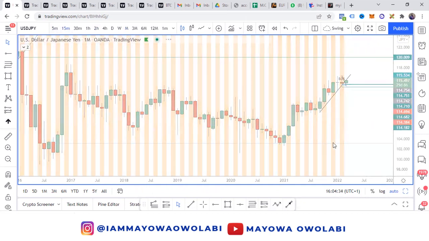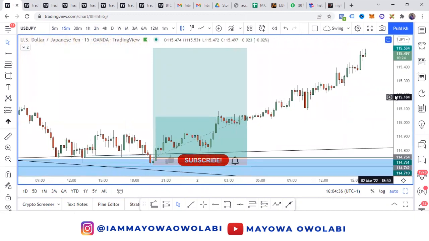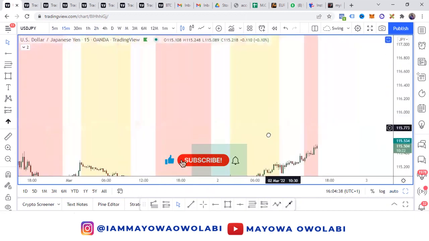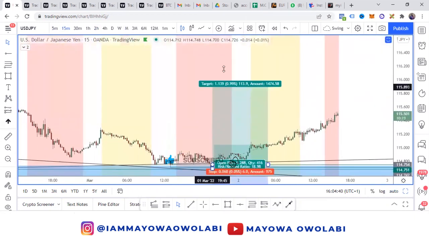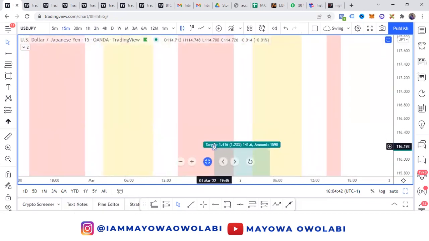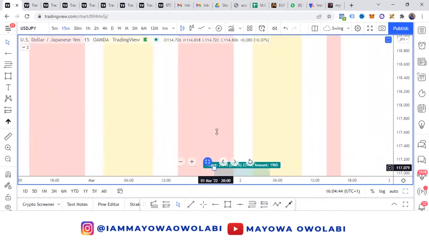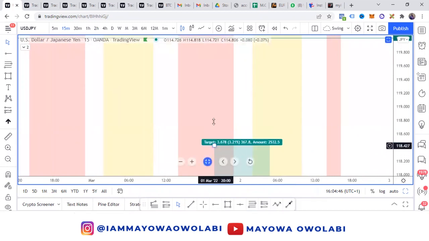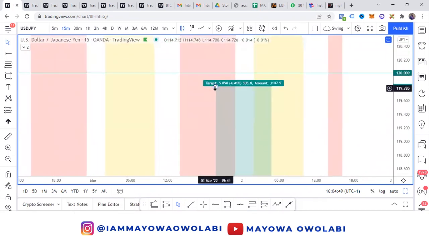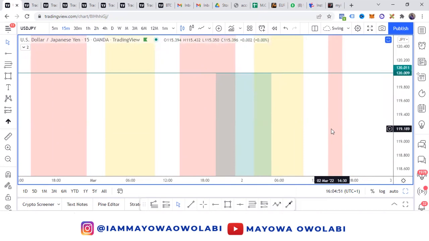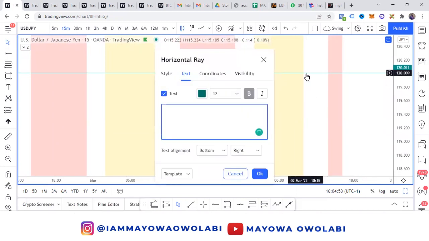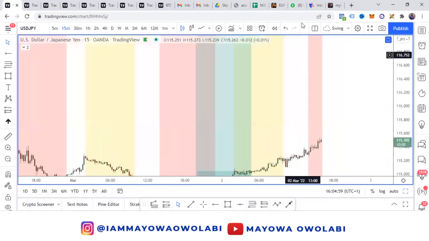I have to go back to lower time frame. So that's the stop loss. That's MS. And I'll catch up this move.